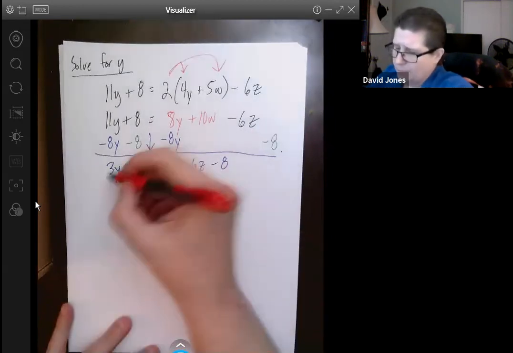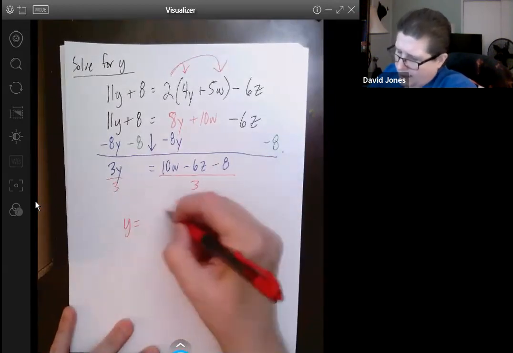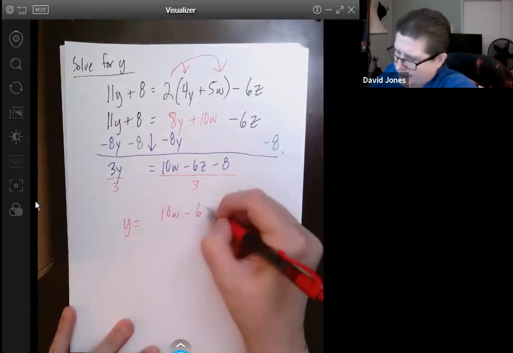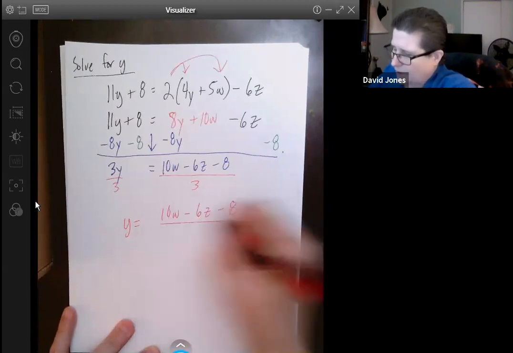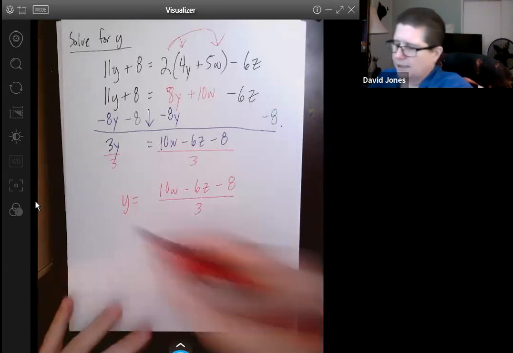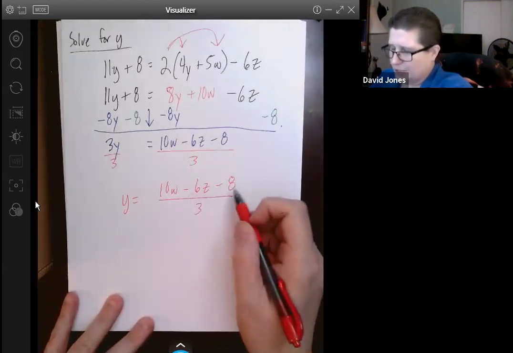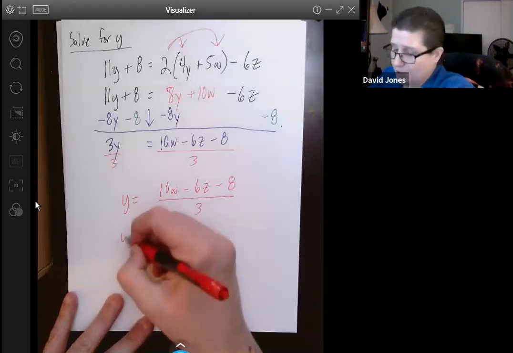Finally, I would divide both sides by the coefficient on y, and I get y equals 10w minus 6z minus 8, all divided by 3. And when the numerator, the top, has plus or minus signs, you can break it up into different fractions.